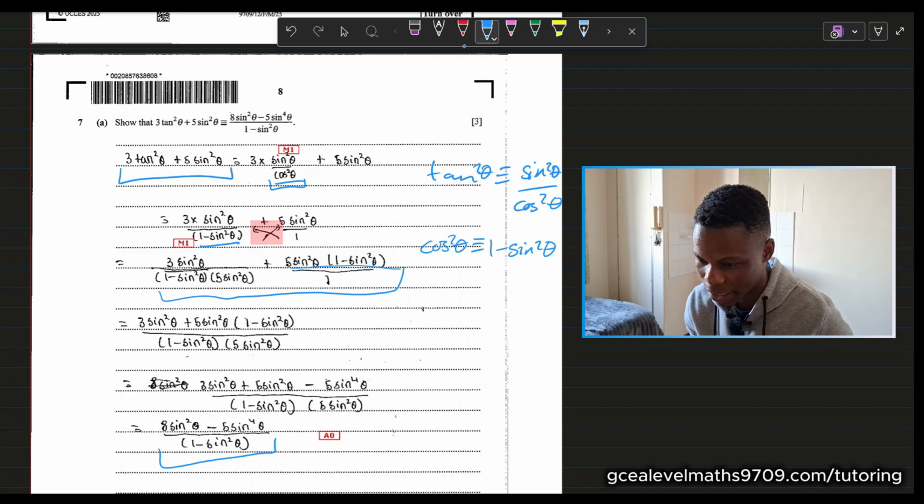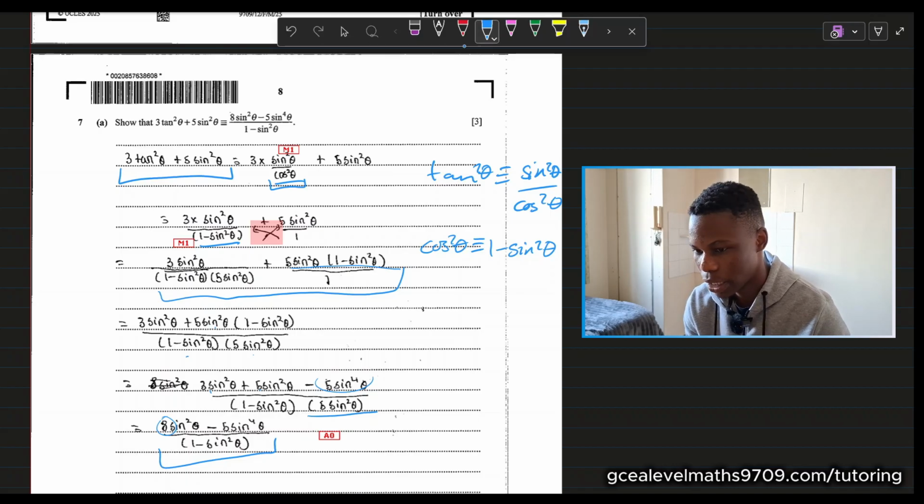Okay, so you expand the bracket, and then yeah, there's some witchcraft that happened here, because I can see it in 3 plus 5 to get your 8 sine squared theta, and then you've got your minus 5 sine to the 4 theta. But what happened to this 5 sine squared theta in the denominator, because it just seems to have disappeared. So yeah, this went downhill when you tried to cross multiply.